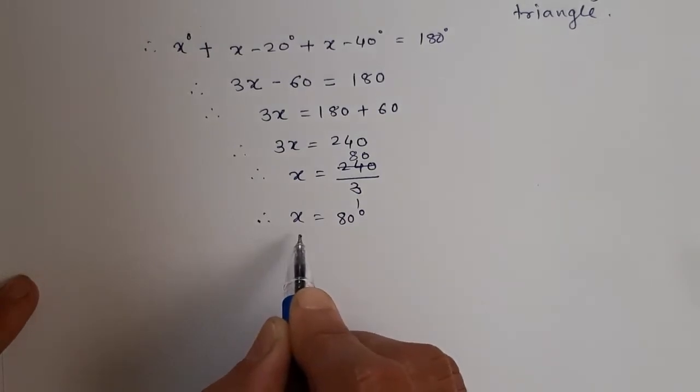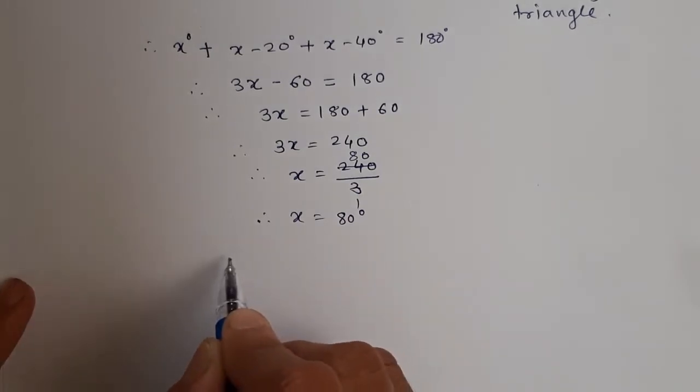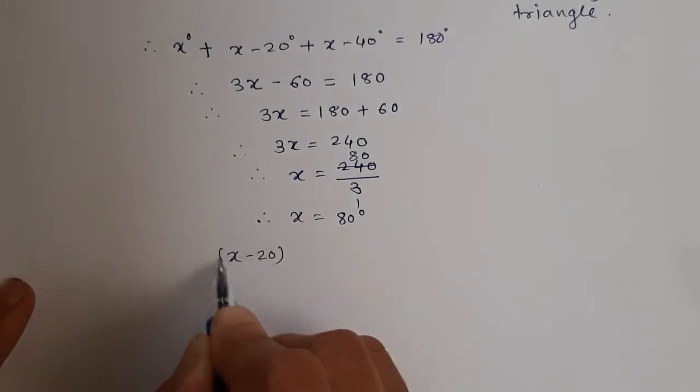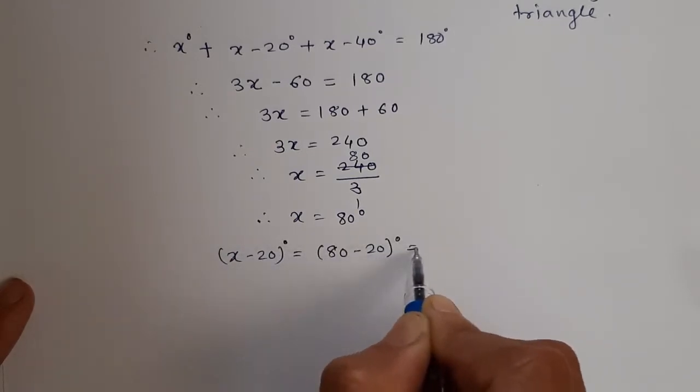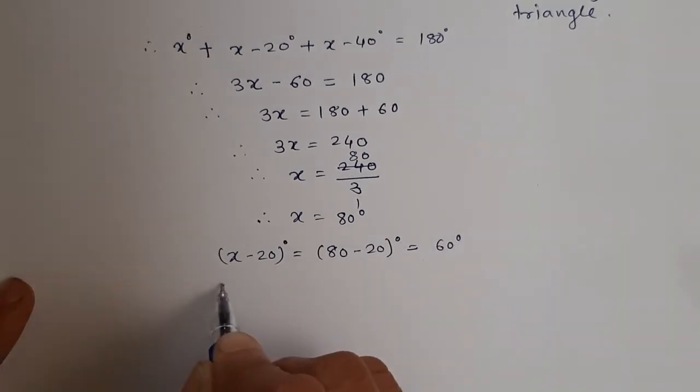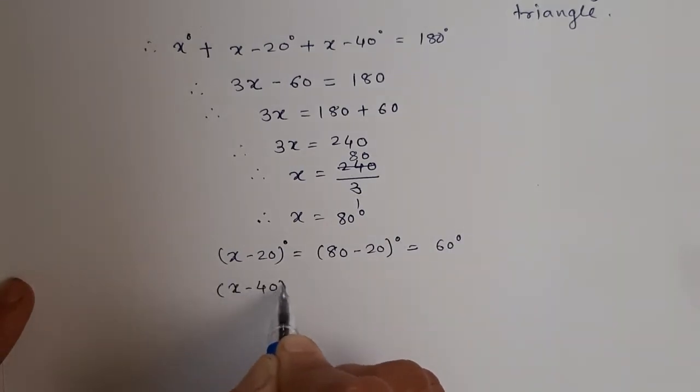So the first angle we got is x equals 80 degrees. Now the second is x minus 20 degrees. That means 80 minus 20 equals 60 degrees, and the third angle is x minus 40 degrees.